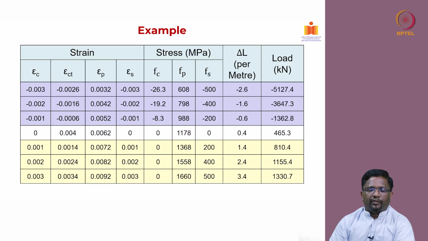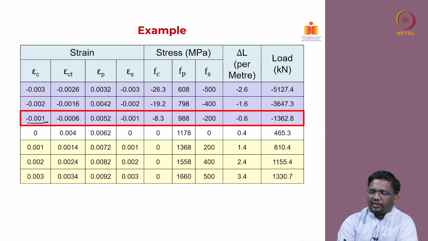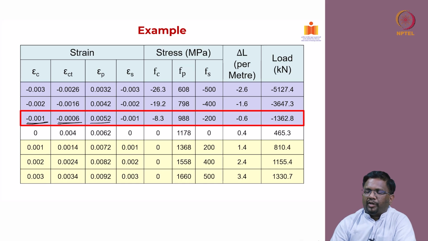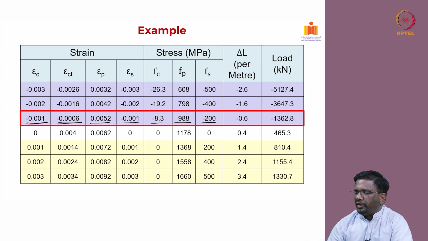Like that, for a net strain of 0.001, the load-induced strain is 0.0006, because I am also adding the shrinkage strain of 0.0004, so it adds up to 0.001, and epsilon P becomes 0.0052, and strain in the steel still remains 0.001, and the stress in the concrete is a very low value. Stress in the pre-stressing steel is 988, stress in the steel is 200 in compression.